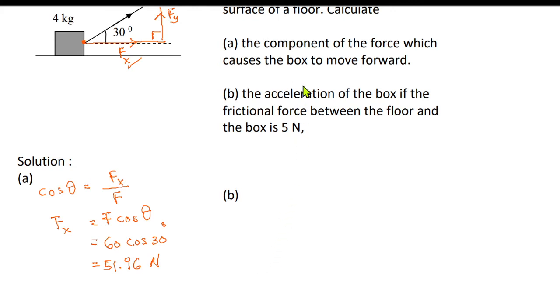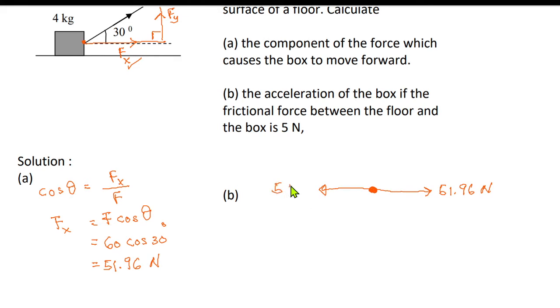Find the acceleration of the box if the frictional force between the floor and the box is 5 Newton. So I have a box here. It is moving to the right with a force of 51.96 Newton, and then it has a friction which is opposing the motion of the box, and the value of this frictional force is 5 Newton.